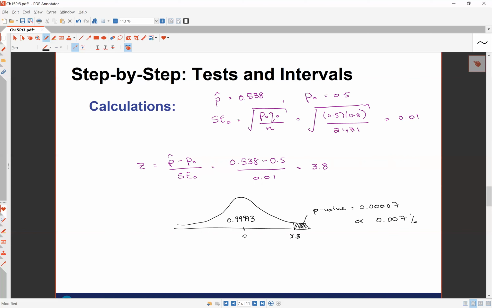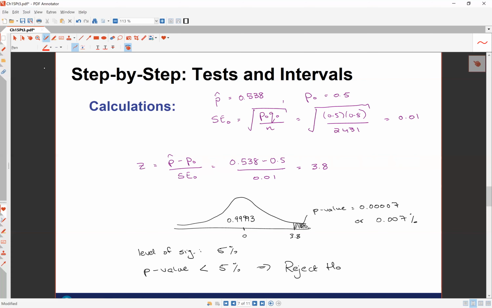That's very small, right? If we had an evidence level or a level of significance of 5%, then our p-value is less than 5%. If the p-value is small, there's a small chance that the null hypothesis is true, and so we reject the null hypothesis.